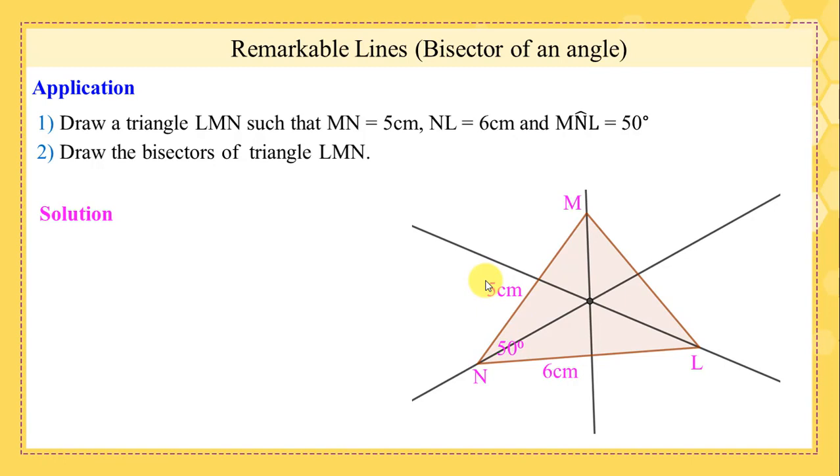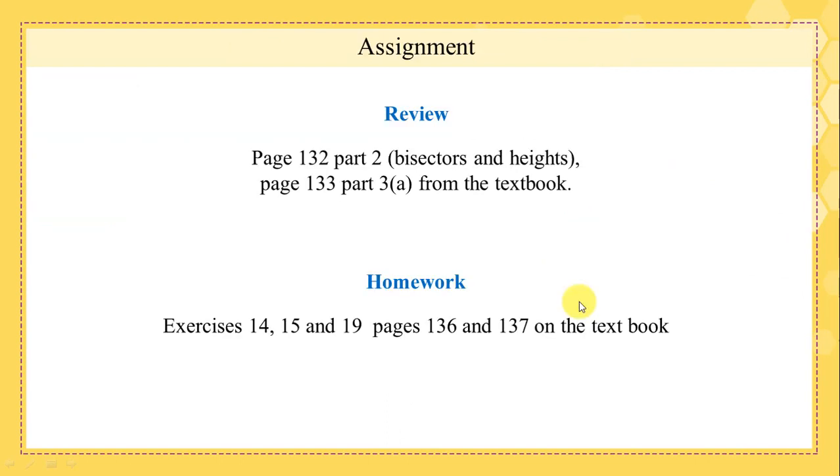Yes, we use the method of side angle side. Now, in order to draw the bisectors of triangle LMN, we have 2 methods, using the protractor or using the compass. We divide each angle into 2 equal angles using a semi-line. The point of intersection of the 3 bisectors is called the incenter.